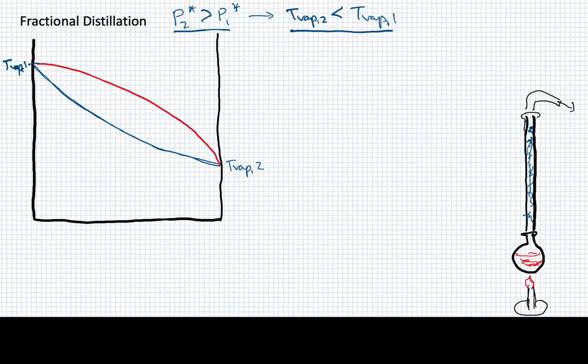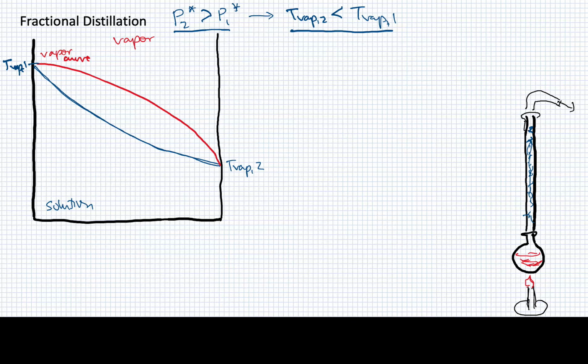Now I've tried to save a little time by pre-drawing a temperature composition curve here, but I have limited how much I've labeled on it. So for example, this red curve up here at the top is the vapor curve. So we have vapor up here in the top part of the diagram, and in the bottom part of the diagram we have the solution.